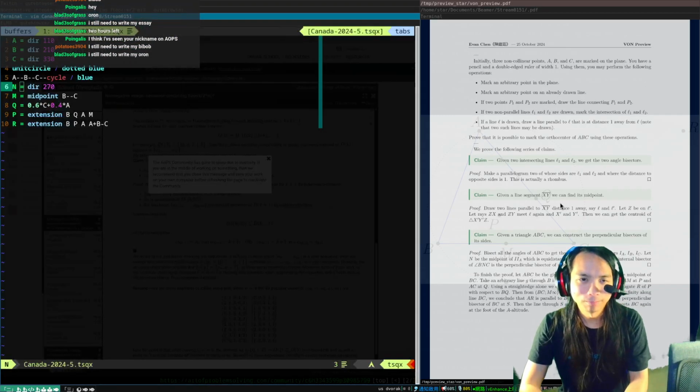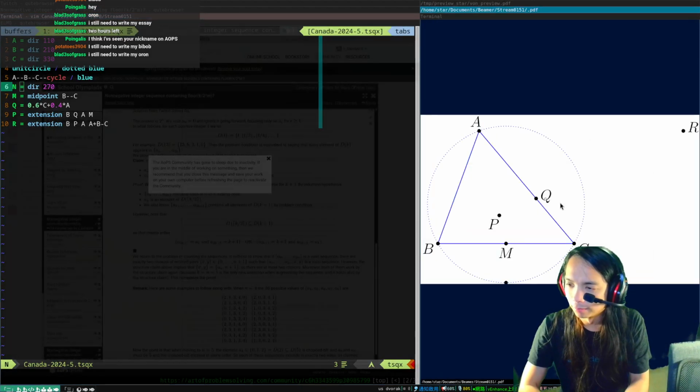You know, I feel like I don't... I want this diagram to work with N as well.